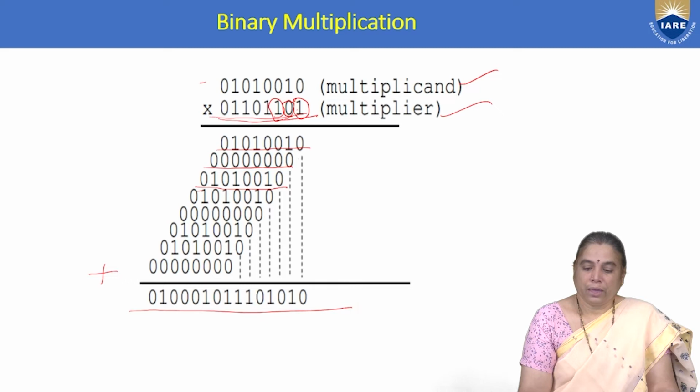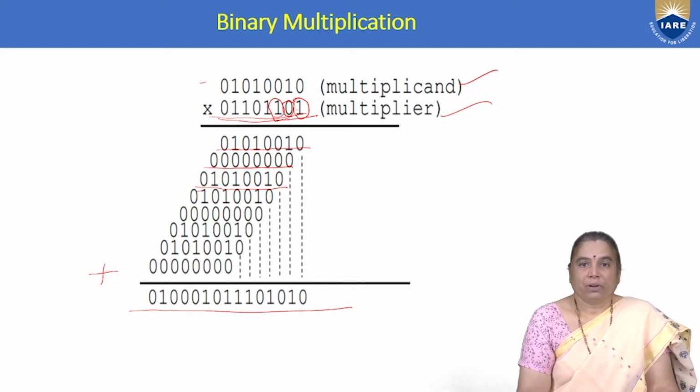This is the same way we perform multiplication in the decimal number system. Each digit of the multiplier is multiplied with the multiplicand, writing partial products by shifting one position, and after all partial product terms are written, addition is performed.